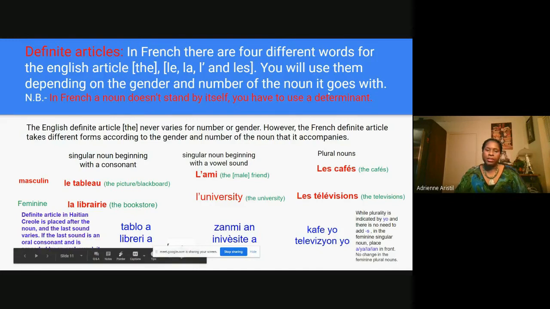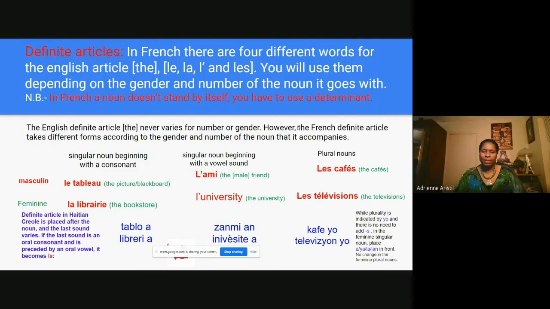For Haitian Creole, you see in French, the article is in front of the noun. But in Creole, the article is placed after the noun.